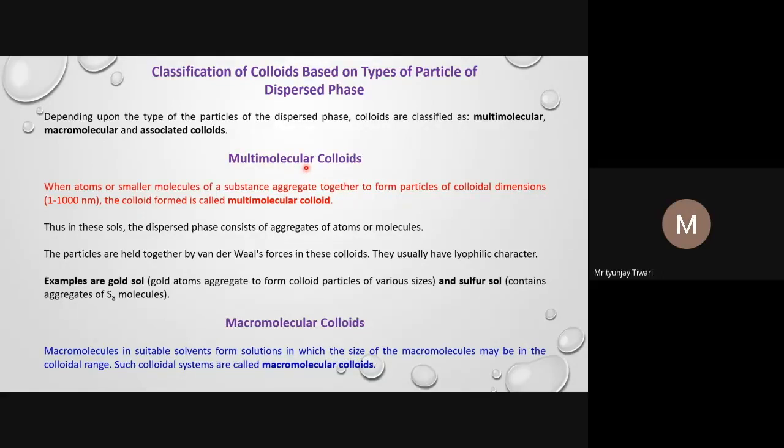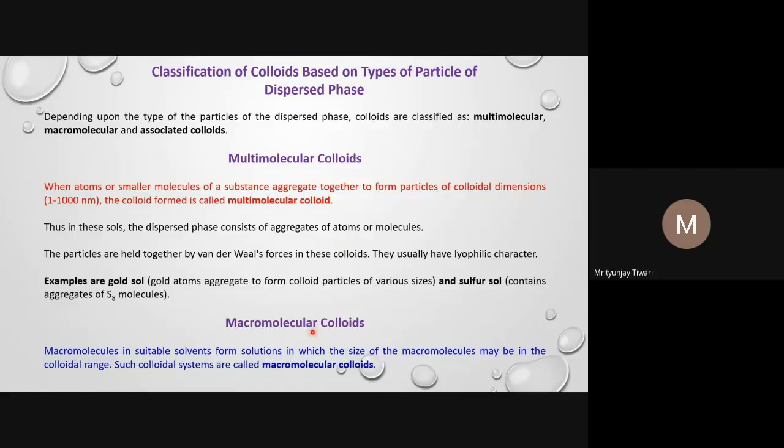It may be that a larger particle or precipitate is broken down into smaller pieces in the colloidal size range, and each of these pieces contains many molecules. Such colloids are called multimolecular colloids, where the particle size must be between 1 to 10 nanometers, and only then will it form the colloidal solution.